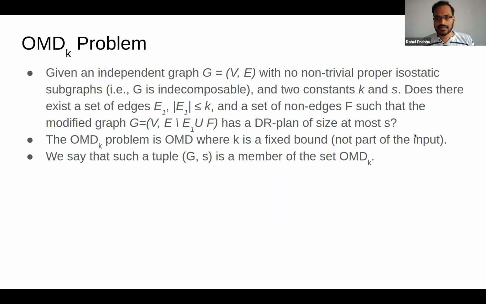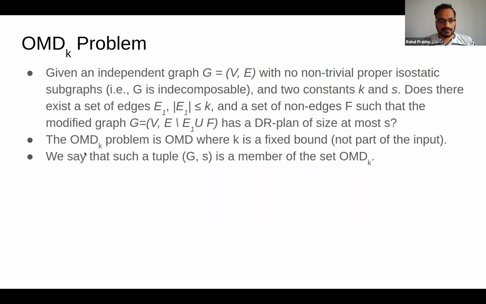So I'm taking the original graph, removing certain edges, at most K edges, and I'm adding some non-edges, making them edges, and I'm asking whether this new graph has a DR plan of size at most S. That is, can I decompose it into at most S rigid subgraphs?